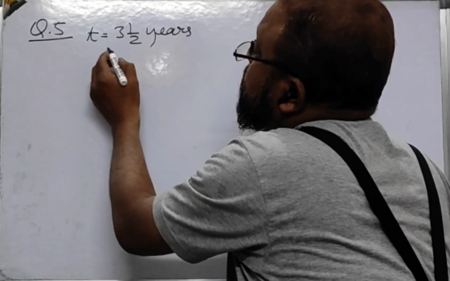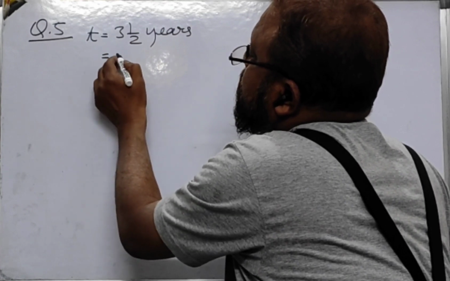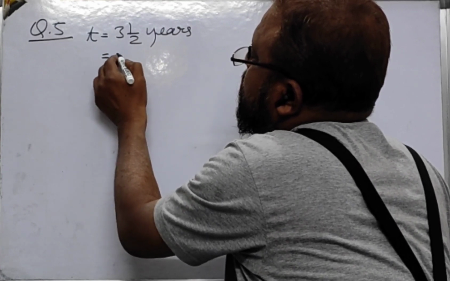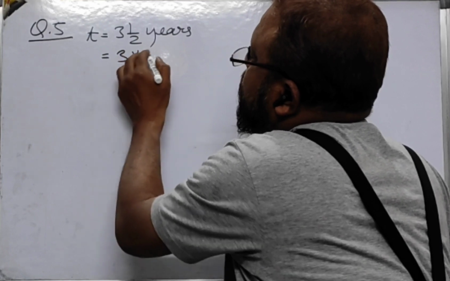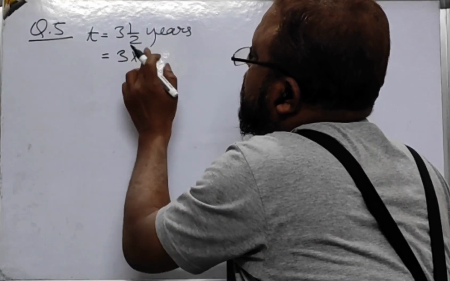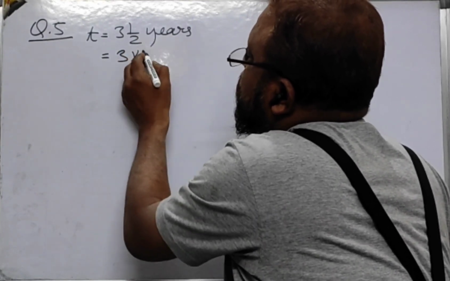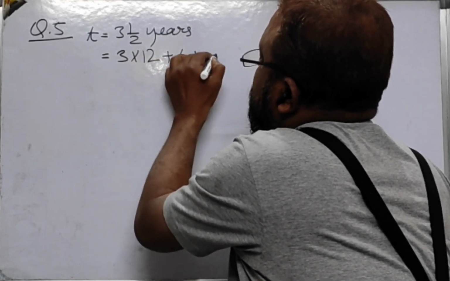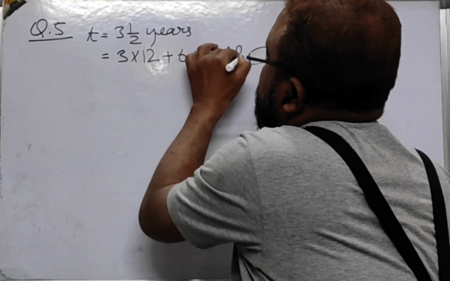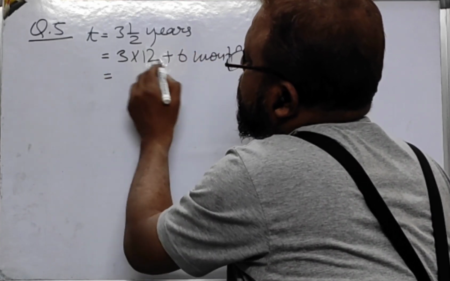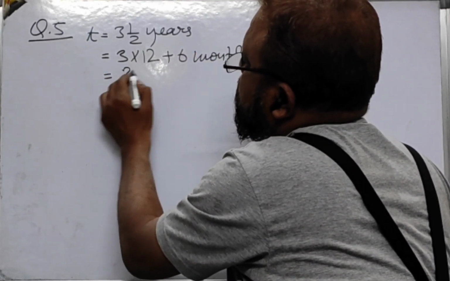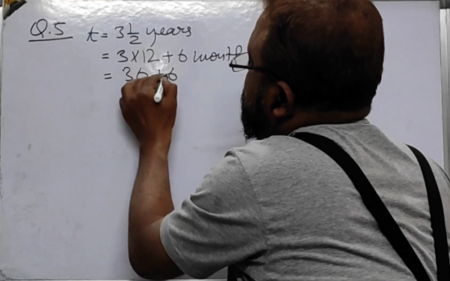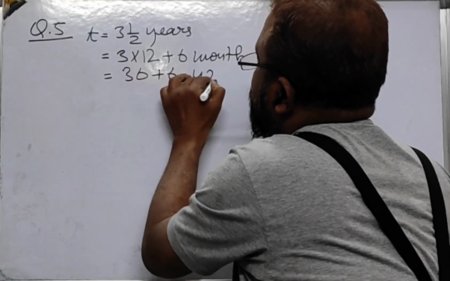It means it is 3 into 12 plus 6 months. Now it becomes 12 threes are 36 plus 6, it becomes 42 months.